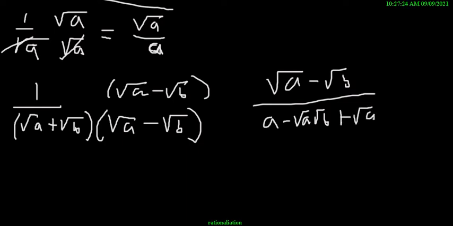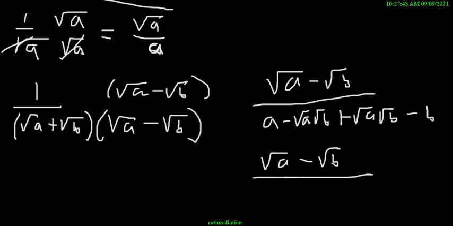So you can see this cancels out, and root of b times negative root of b, we're going to have negative b, and our final answer will be root of a minus root of b over a minus b. So you can see what we're doing. The denominator is now a rational number, so that's simply what we're doing.